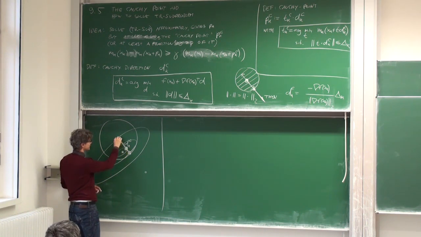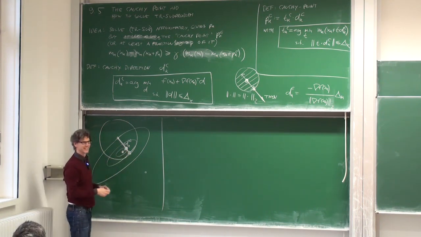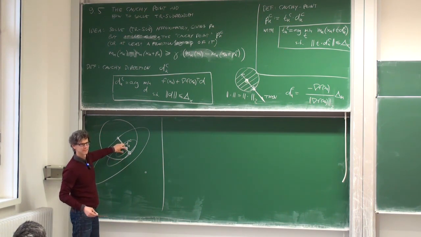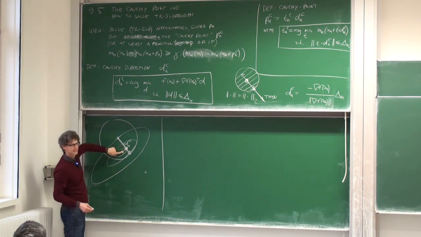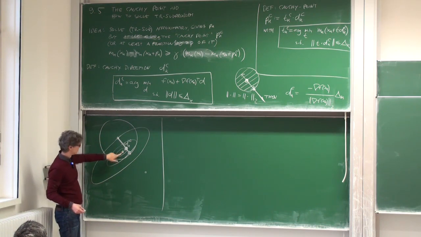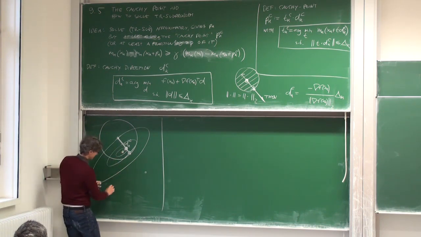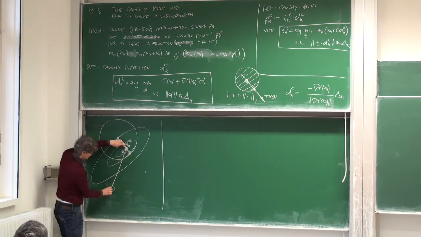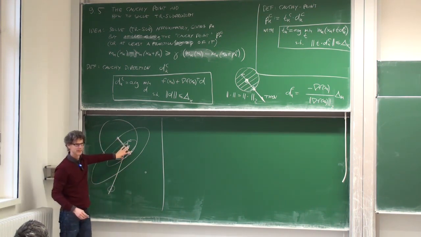Then I go first to the Cauchy point, and then from the Cauchy point to the Newton point, and I find the best point on the way. Here it would be easy: the Newton point can only be better. But if my Newton point is outside this region, then I go on this line towards the Newton point, but I stop when I hit the trust region radius, and I take that one.